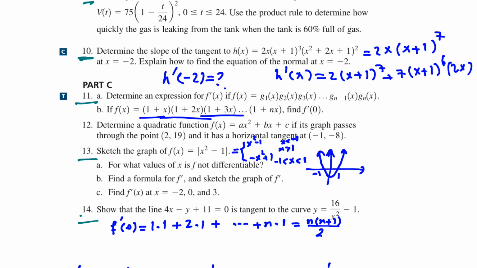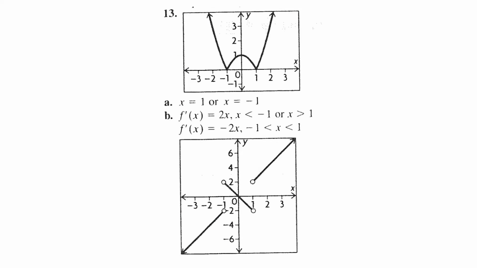Therefore, to sketch the graph of the absolute value of x squared minus 1, when x is less than negative 1 or bigger than 1, we have the same graph as x squared minus 1.